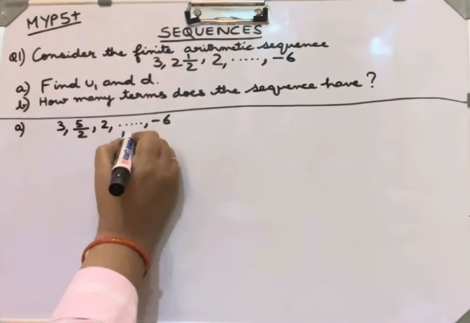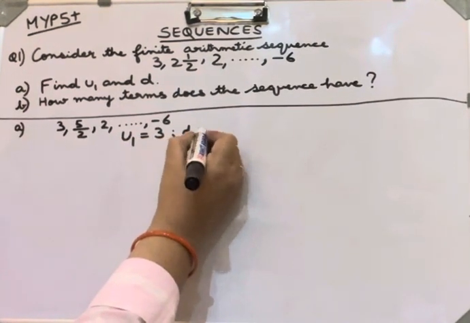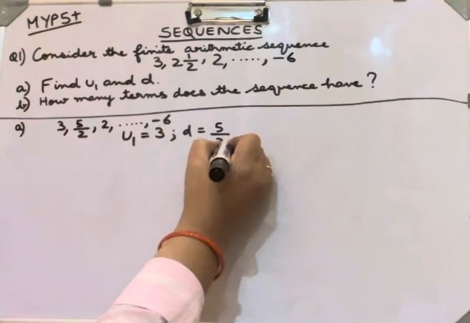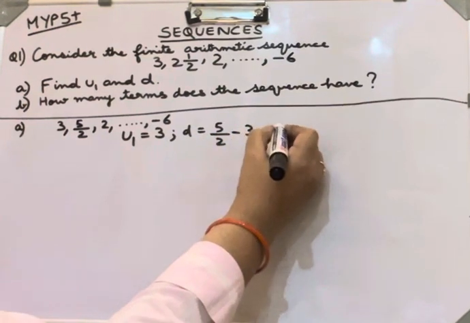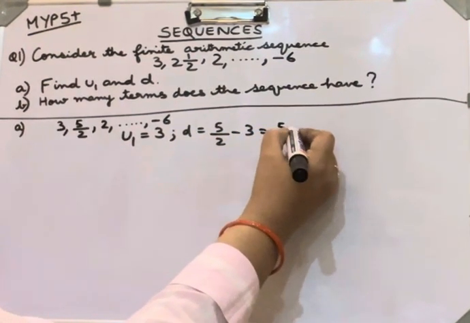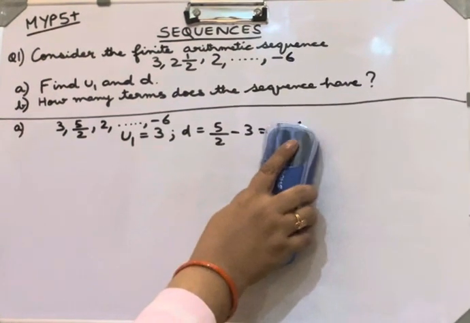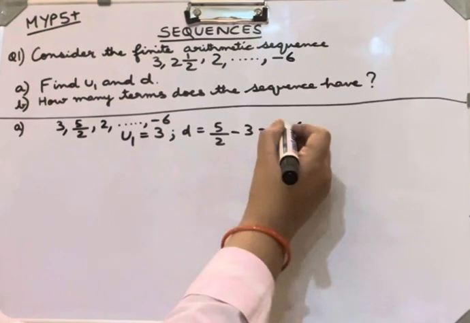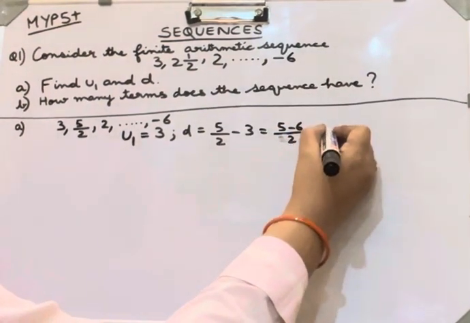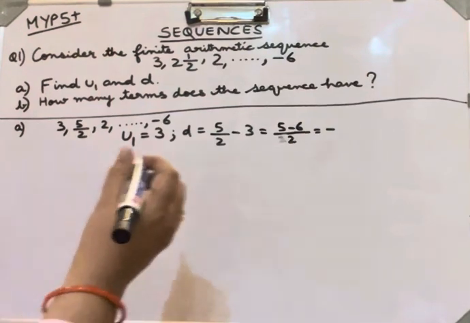So we observe that U1, which is the first term, is 3, and the common difference D is 5 by 2 minus 3, which is minus half.